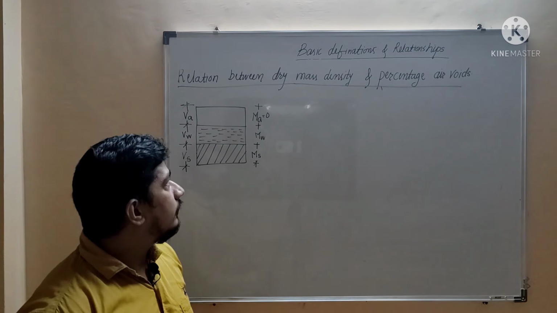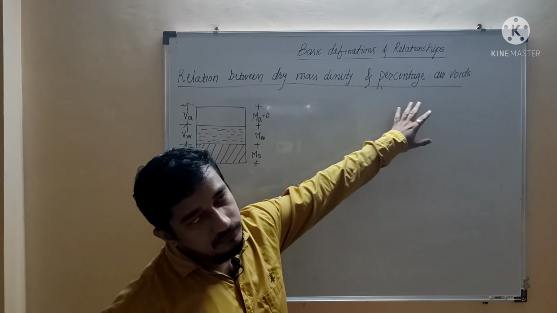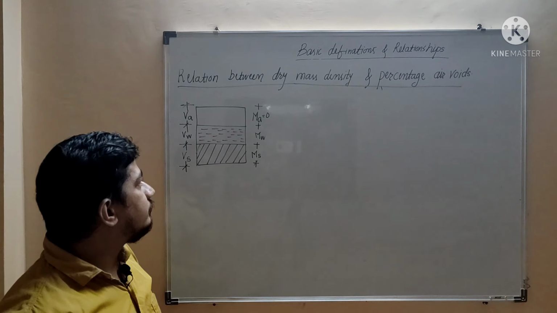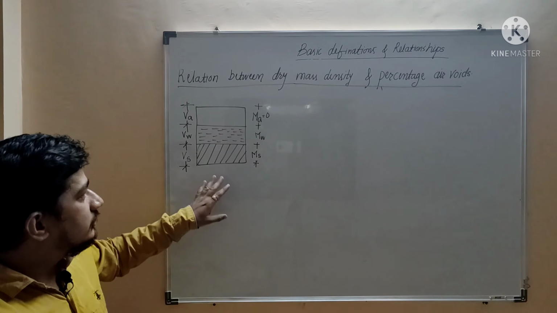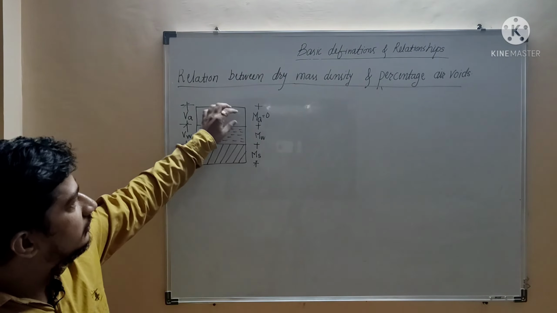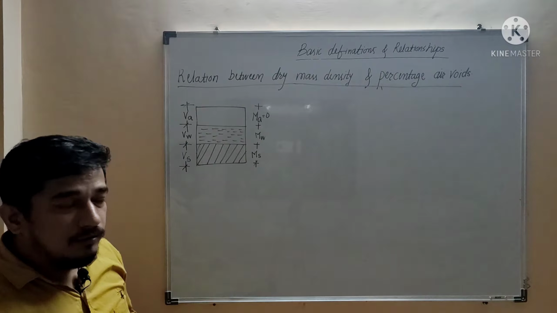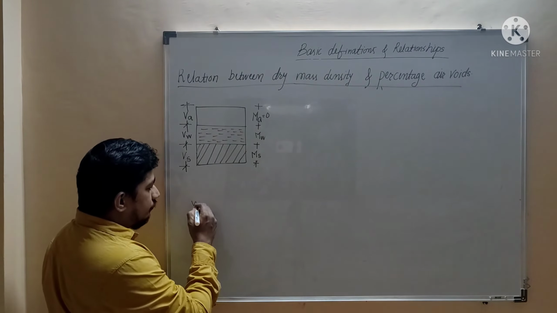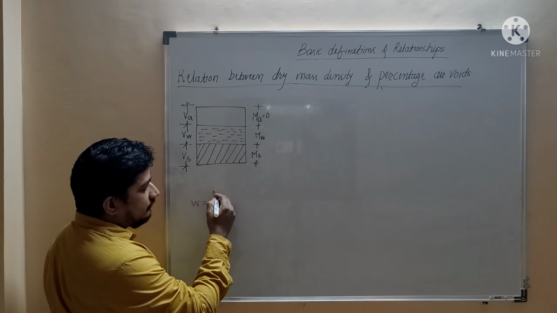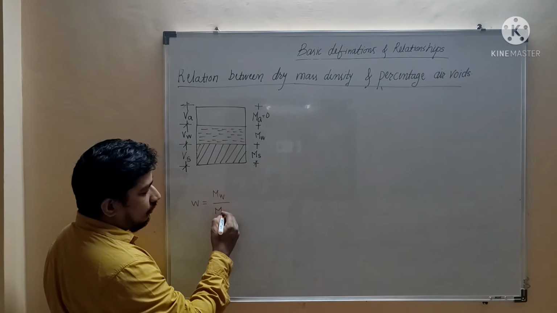Okay, last part, the relation between dry mass density and percentage air voids. So this is the three-phase diagram. I have shown the volumes here. This is mass of air which is negligible, so that's why it is 0. We know that w is equal to mass of water divided by mass of solids.